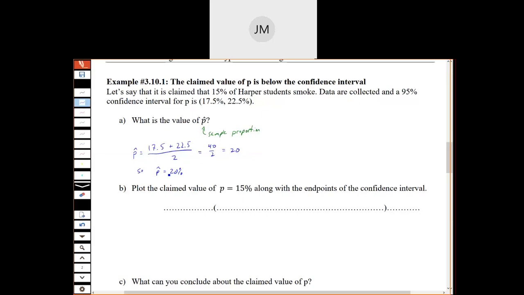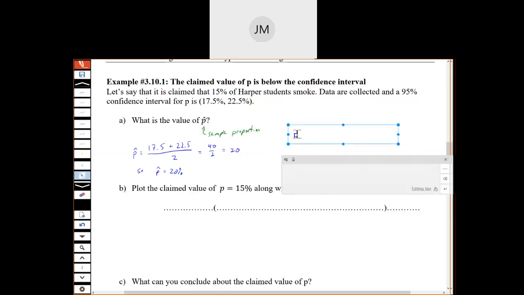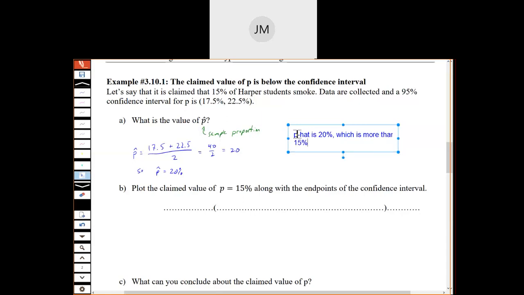All right, now what can I say about this? If I look at that 20%, that 20% is bigger than the 15%. So p hat is 20%, which is more than 15%.